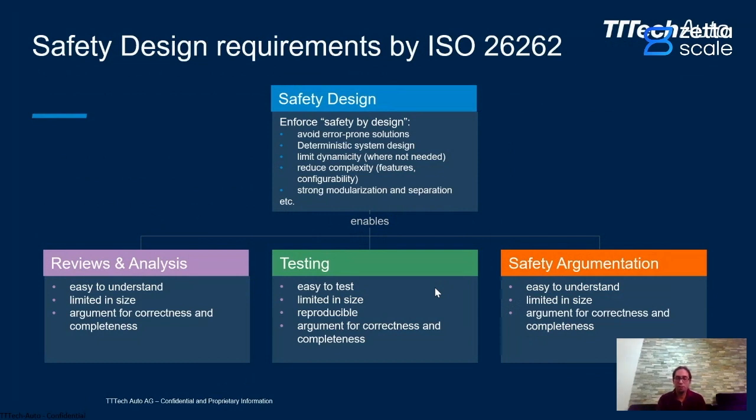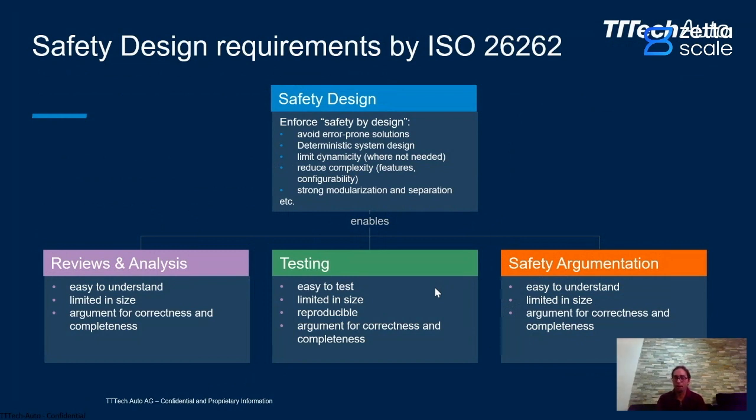And if you do this, you get some nice properties out of it. First of all, you will have designed a system that is easy to analyze, to review, to argue that it is correct. It will be simple to test. If it's a deterministic system, the tests will be reproducible. You don't have too many complex testing scenarios, and they have a high quality, and they can show that it is working as intended.